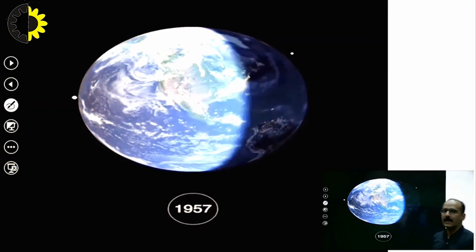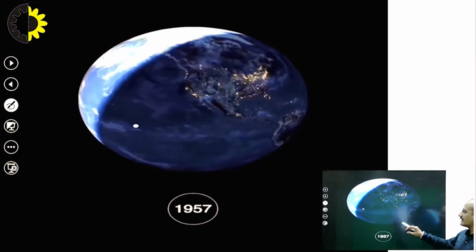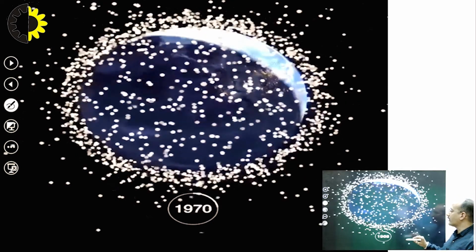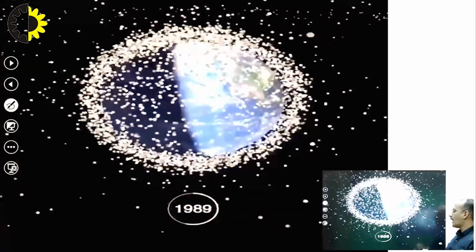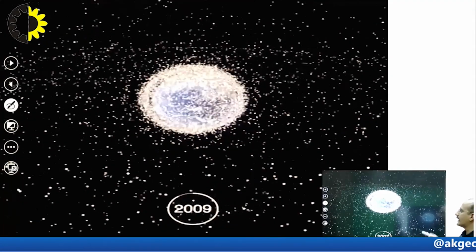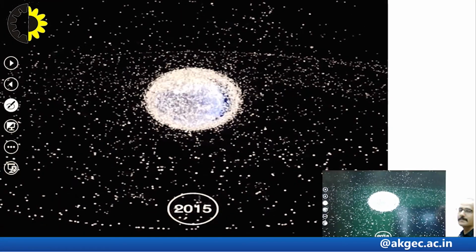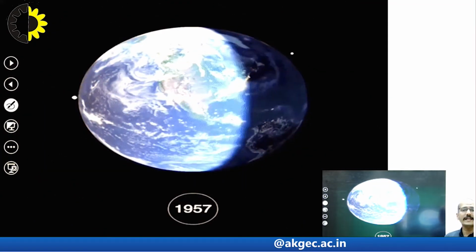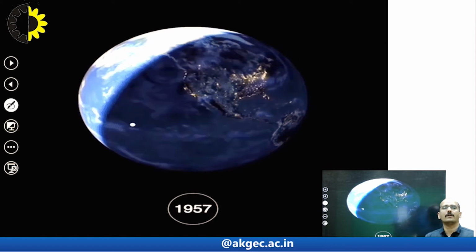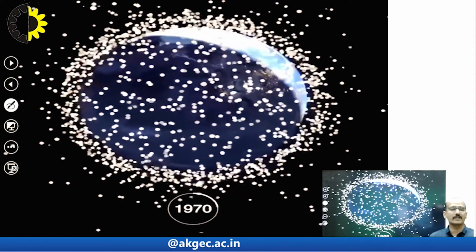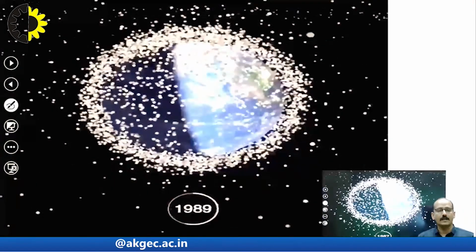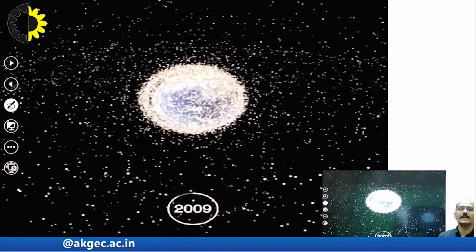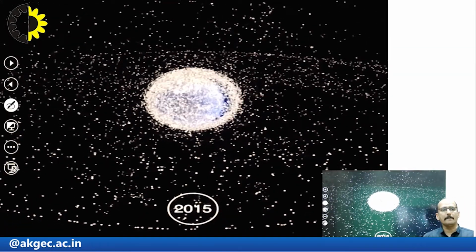You can see in this diagram, this was the starting picture in 1957, and around 2020 you can see this is the actual condition of space. You can easily see various objects in the outer space of the Earth, basically creating a very meshy structure.